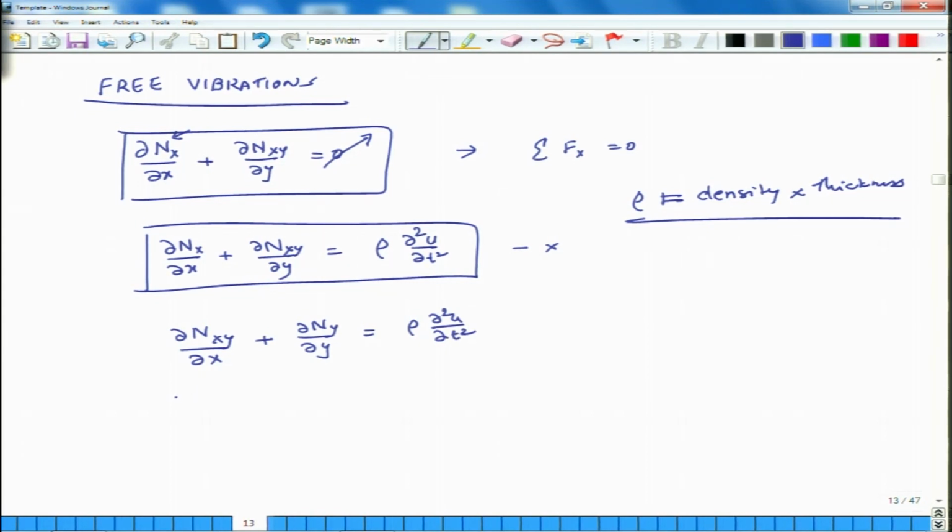And for the third direction, which is the combination of force and moment equilibrium, we have the following equation.